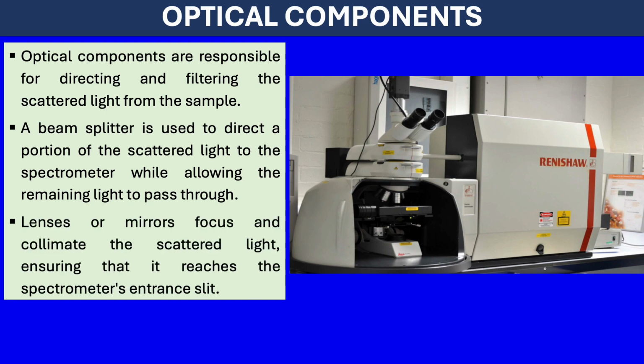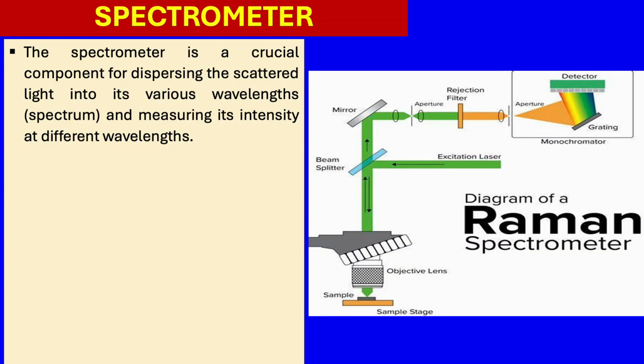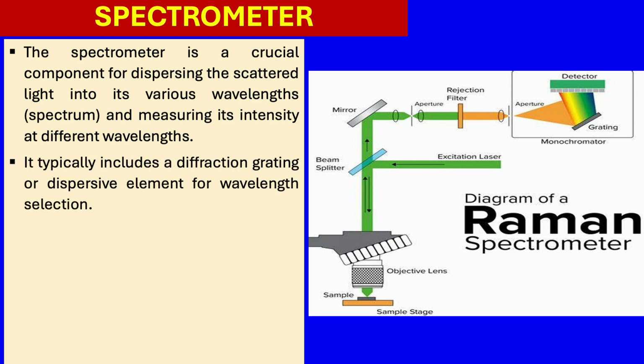Lenses and mirrors focus and collimate the scattered light, ensuring that it reaches the spectrometer entrance slit. A spectrometer is the crucial component for dispersing the scattered light into the various wavelengths of the spectrum and measuring its intensity at the different wavelengths.